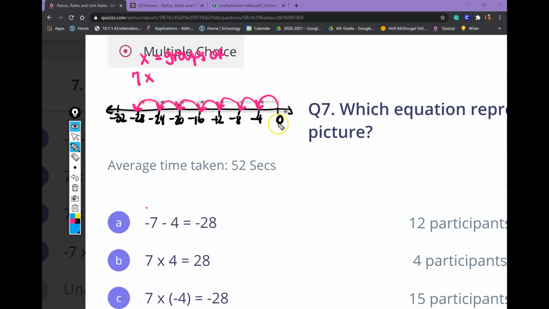My first number is 0. Then I skip count all the way to -4. Then I skip count again to -8, and then again to -12, and then all the way to -28. So I'm counting my groups using a positive number, but they're made up of -4.